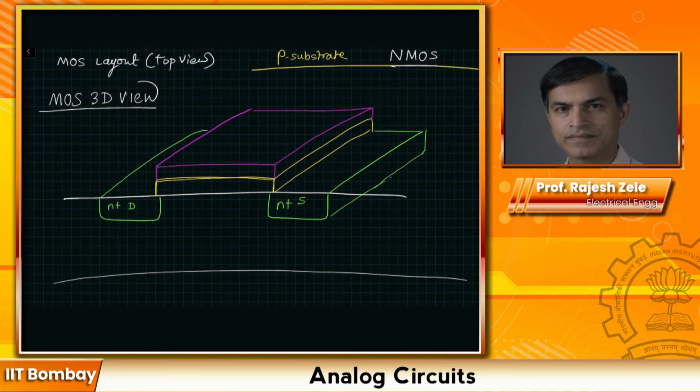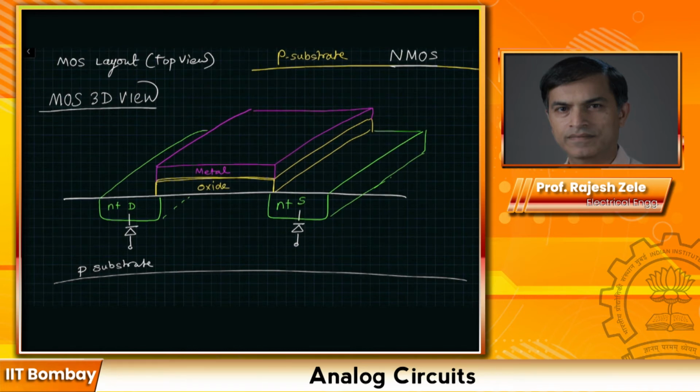The yellow region is an oxide region, and magenta is a metal. A few things to note here: if we look at the source and drain regions, then we have a diode right here. Since this is a P substrate, you would have an N plus P diode at the drain region, and similarly an N plus P diode at the source region.